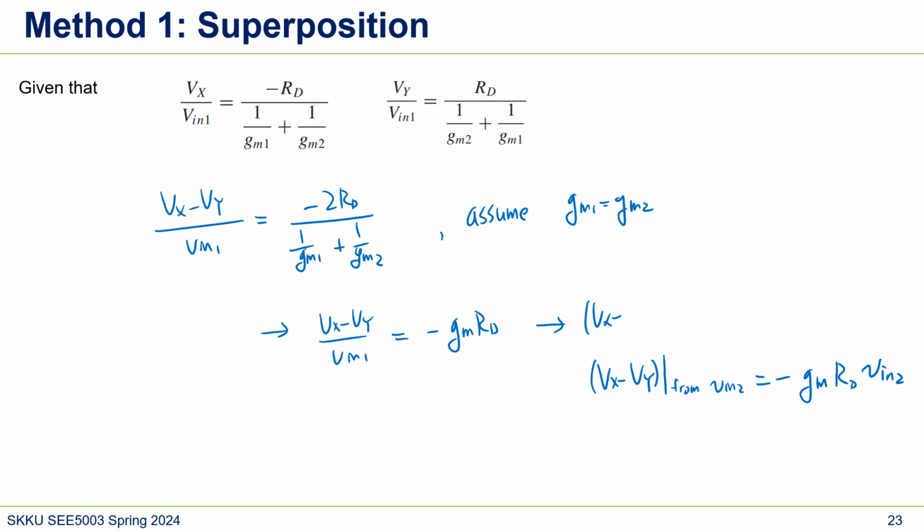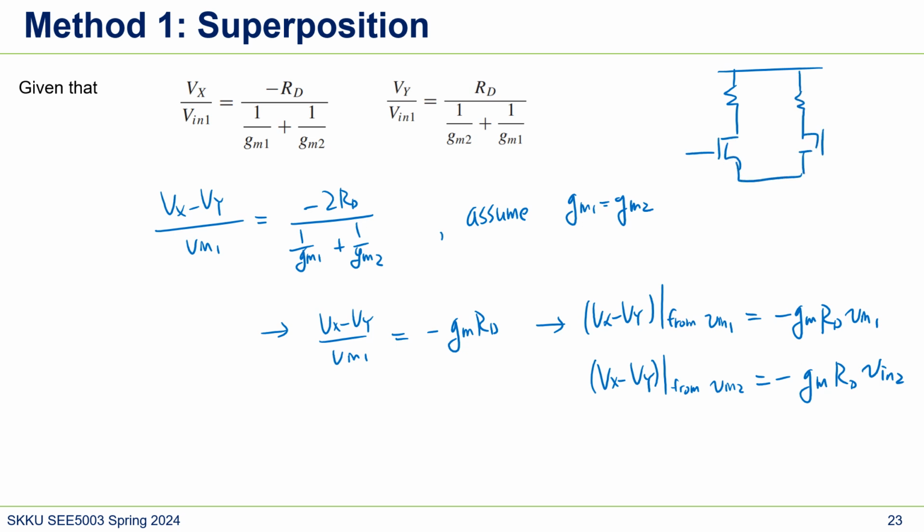Vx minus Vy from Vin1 is minus Gm Rd Vin1. Again, what we are doing now is using superposition. Here's Vin1 and ground, so we do a superposition between this and ground and Vin2.